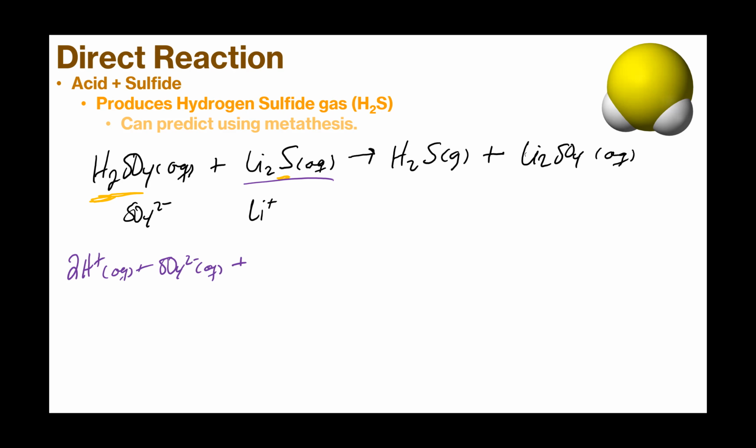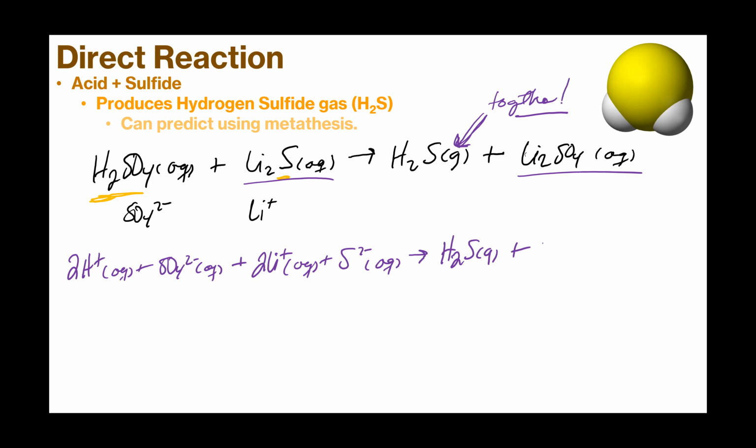Li2S is an ionic compound that's aqueous, so we have 2 lithium plus aqueous and a sulfide 2 minus aqueous. Next, we have H2S, which is a gas, so it's going to stay together because it's not aqueous. And then we have lithium sulfate, an ionic compound that's aqueous, so we have 2 lithium plus and a sulfate 2 minus that is aqueous.